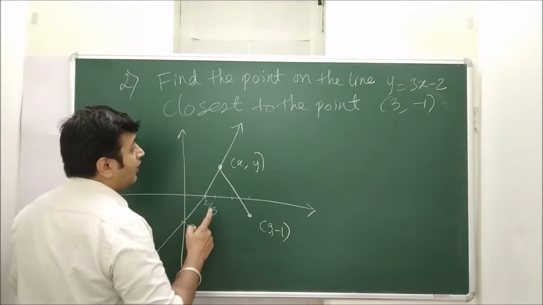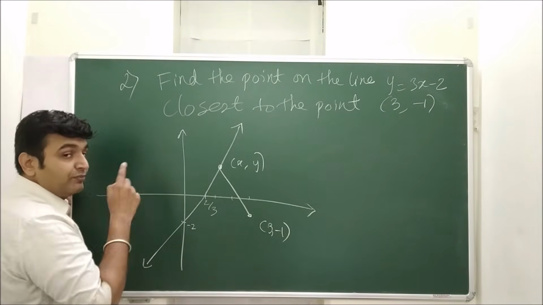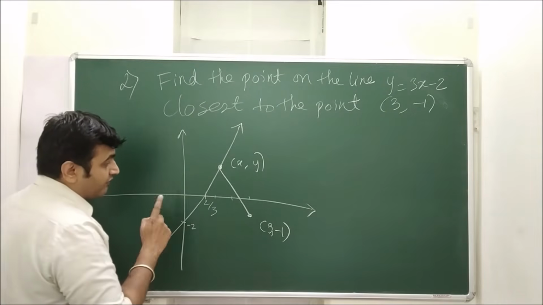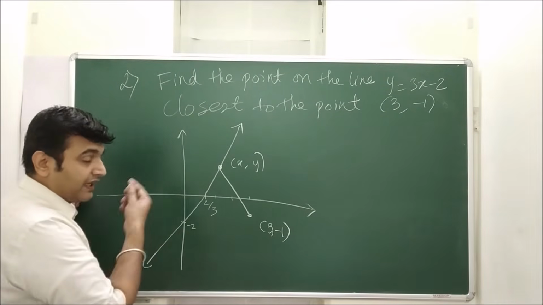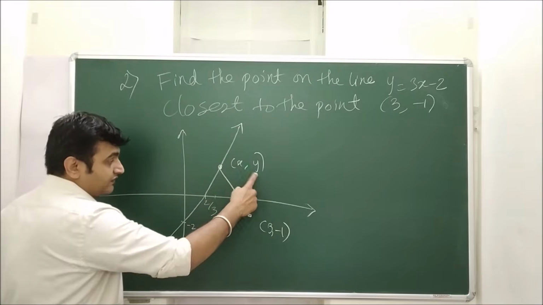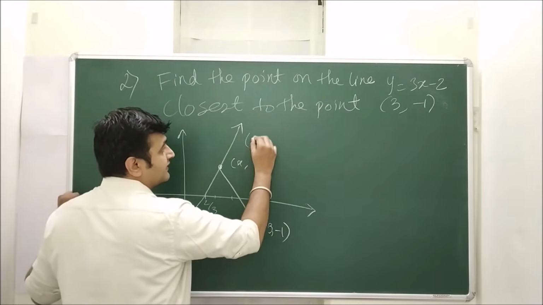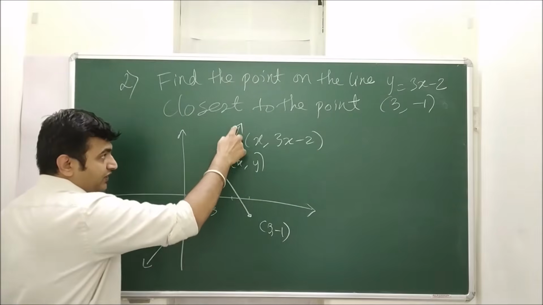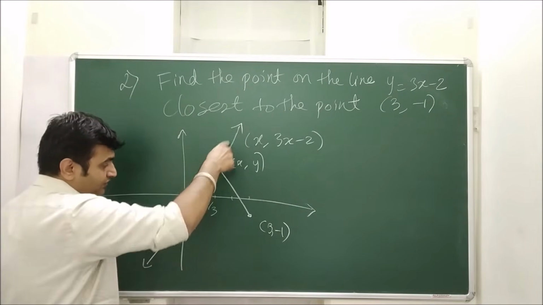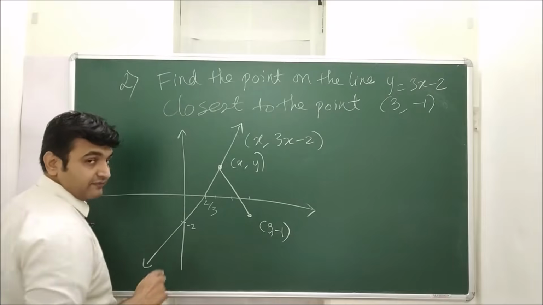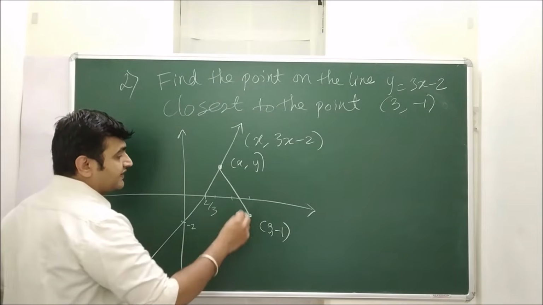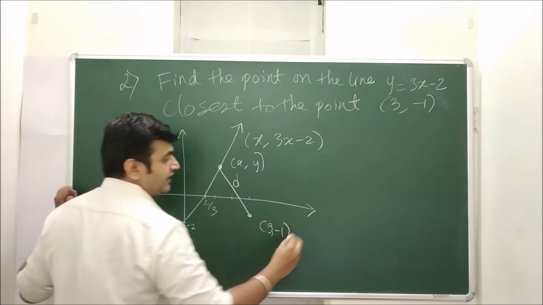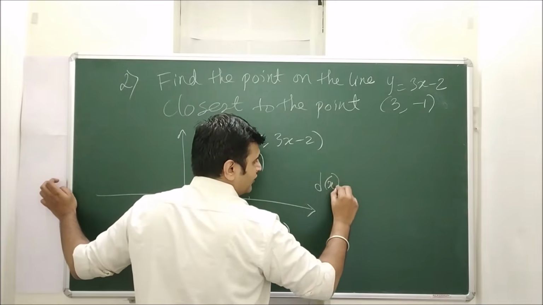Okay, now in this case I need to minimize. So the question is what should be my function? So I have a figure. Now any point is of this form, and what is my y? My y is nothing but 3x minus 2, because the points on this line satisfy that equation. Okay, so now what is the distance between these 2 points? Let me call it d of x.